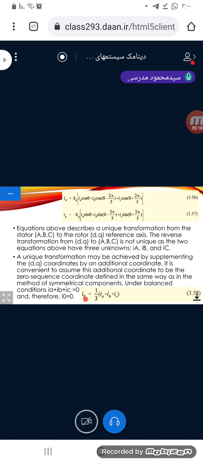So I0, defined by equation 3.58, is equal to 1 divided by 3 parentheses IA plus IB plus IC.